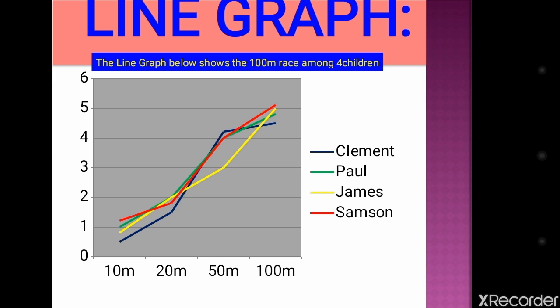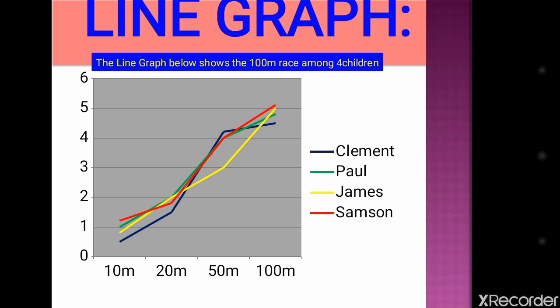By 10 meters, you see that the blue house, Clement, is coming last, and the red house, Samson, is leading. And then at 20 meters, there was a tie here.